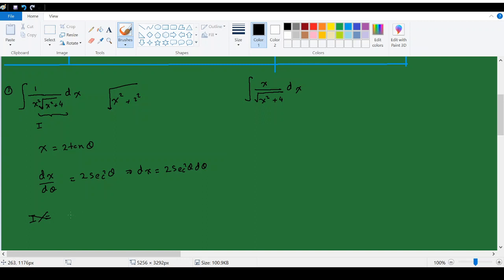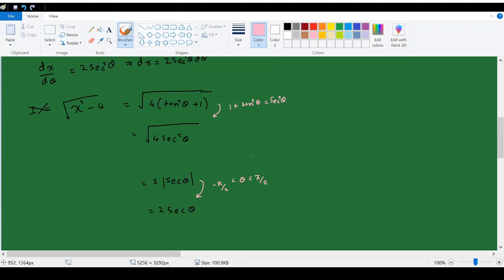So before writing the integral, if I write down the square root term along with our substitution, let's see what will happen. Then it becomes 4 times tan squared theta plus 1, and from the trigonometric identity that I mentioned in the table, we have this relationship.